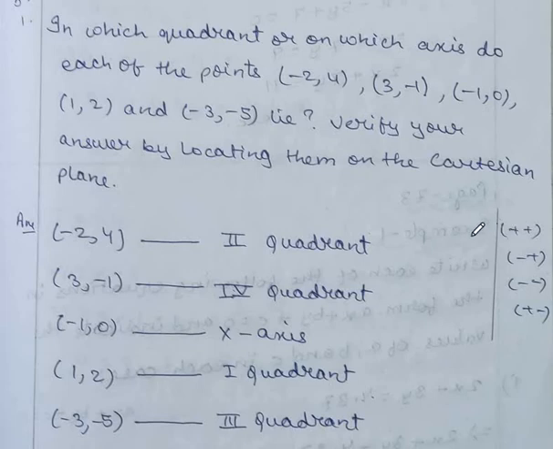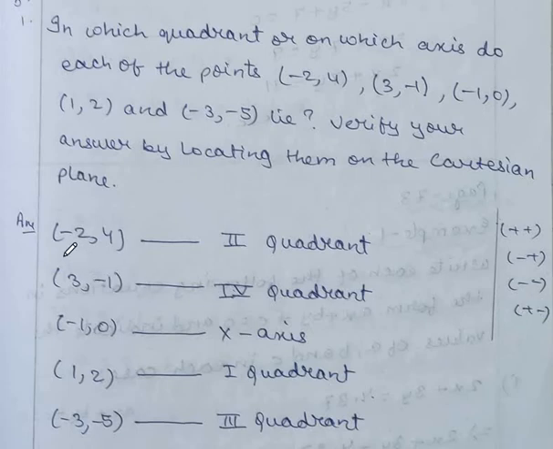For any point there are two numbers, first x, second y, and we represent the point inside brackets in the form (x, y). x is called the abscissa, y is called the ordinate. So in the first quadrant, abscissa and ordinate are both positive. Second quadrant, x minus, y plus. Third quadrant, x and y both negative. Fourth quadrant, x positive, y negative.